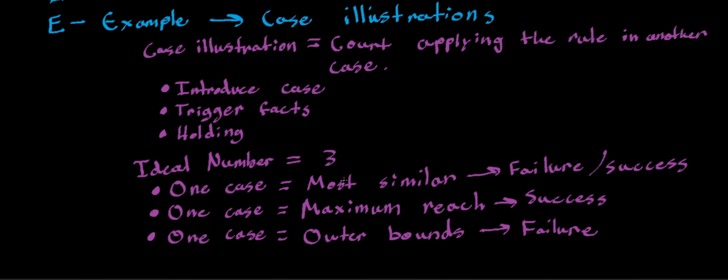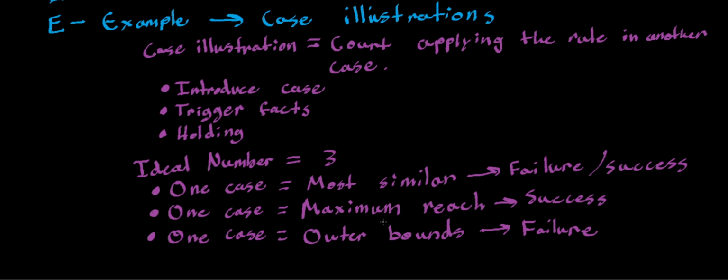Now, the reality is that you may not have enough case law in order to include three case illustrations. If, for instance, you're dealing with a case of first impression where there is no case law on the rule that you are analyzing, you could try to include case citations on some sort of analogous rule in order to draw a useful comparison, but that may or may not be worthwhile, and so you may have to use discretion on this number.